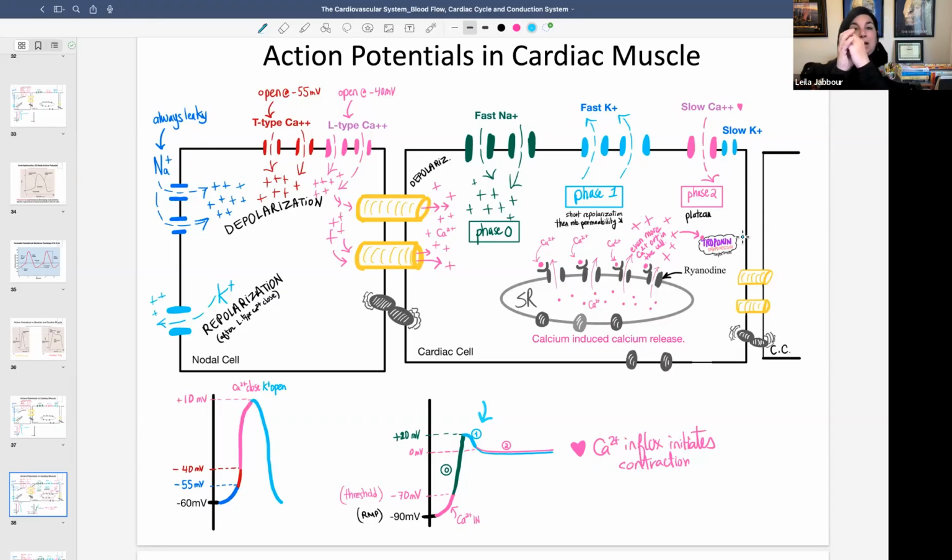The troponin-tropomyosin complex is literally hiding actin's active sites for binding of myosin. Troponin and tropomyosin are literally covering actin, and actin and myosin are not able to bind together because of this coverage of troponin and tropomyosin.